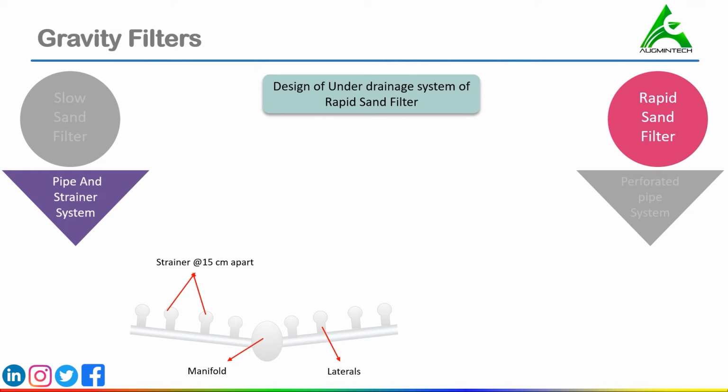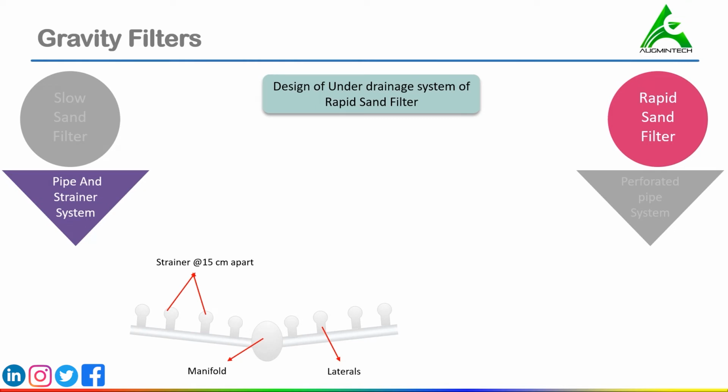A strainer is a small pipe of brass which is closed at the top and contains holes on its surface. The strainers are either screwed or fixed on the top of the laterals.